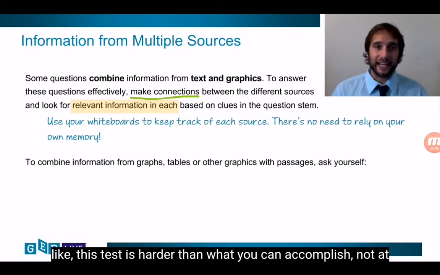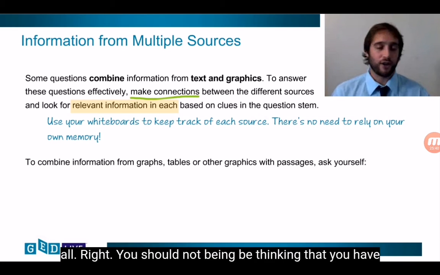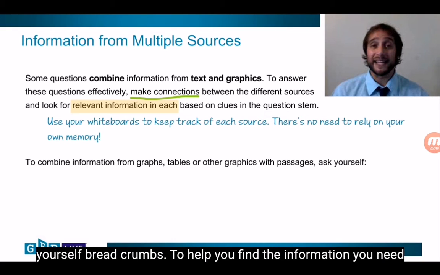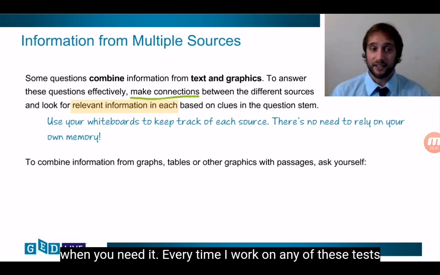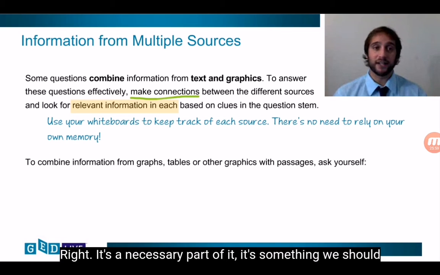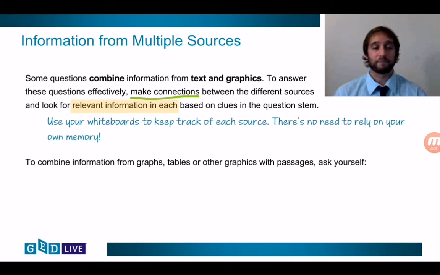It doesn't mean this test is harder than what you can accomplish. Not at all. Your whiteboard is there to leave yourself breadcrumbs, to help you find the information you need when you need it. Every time I work on any of these tests that I teach, I always do that kind of targeted research. It's a necessary part of it, and something we should get in the habit of doing.